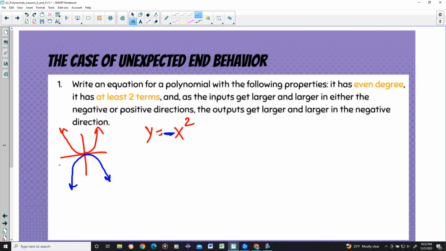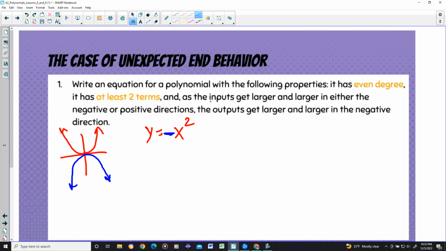Do you think that would happen with x to the fourth, x to the sixth? Sure would. And then all we need is to add another term to this, so it has at least two terms. Does it really matter? The answer is no. As long as you don't create a higher degree polynomial, I can add 3x, 5x, 10x.